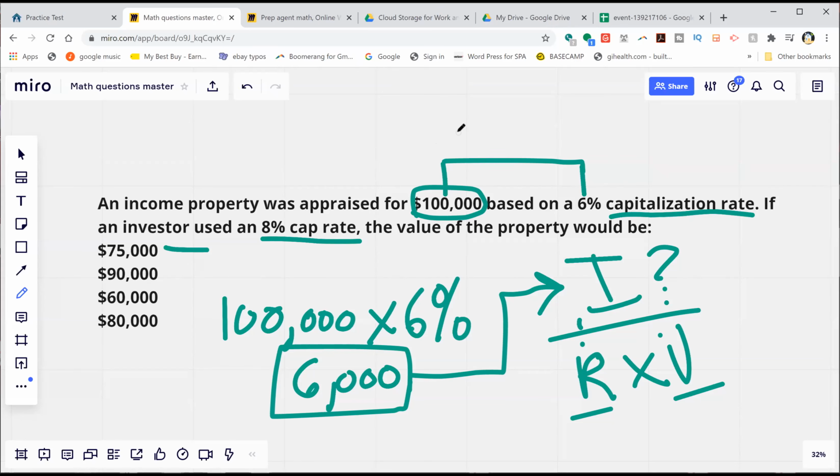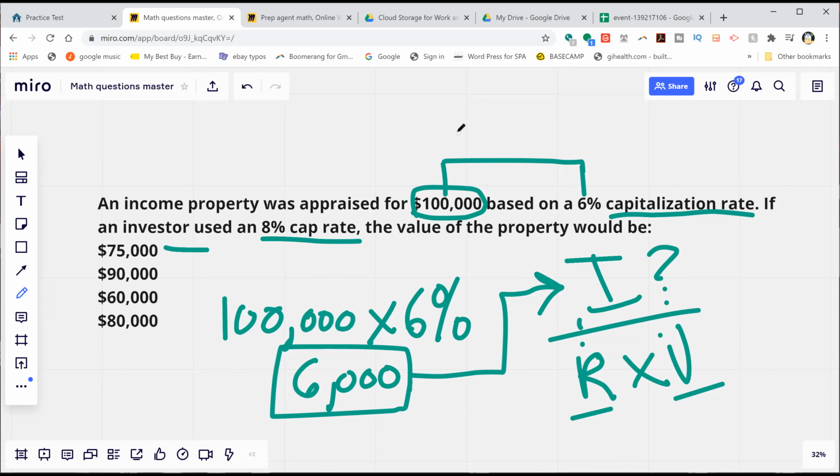So the reason we don't use the 8% cap rate at the beginning is because we have to figure out every piece of the formula, all three pieces, first. The property was already appraised for $100,000, the 6% cap rate was used, and there was an income.